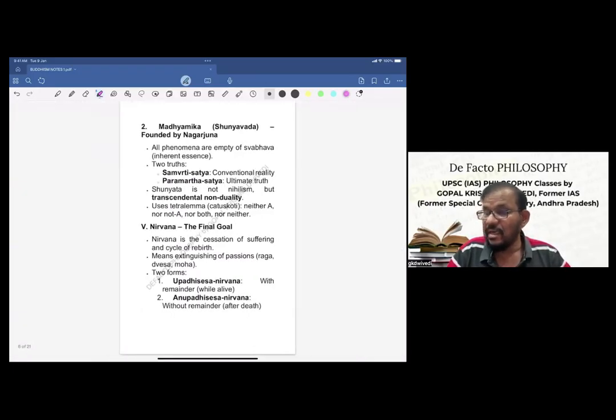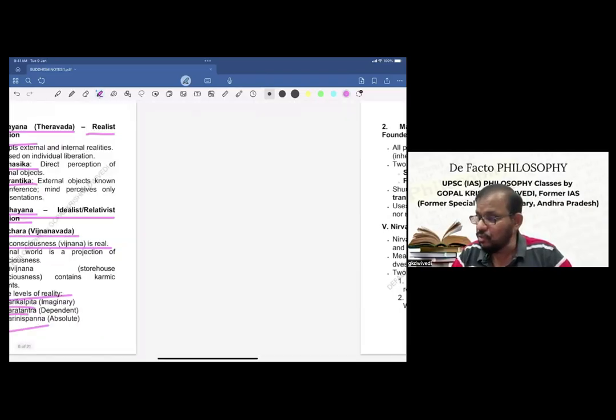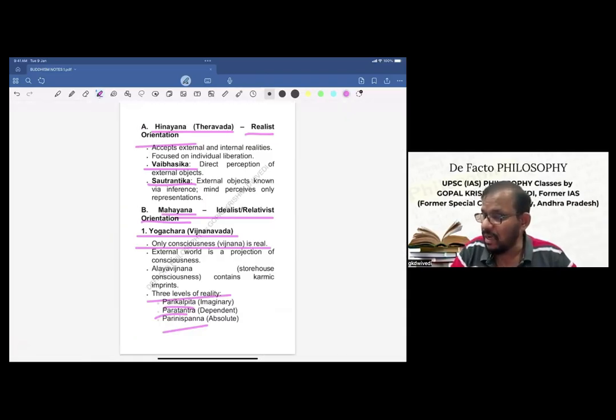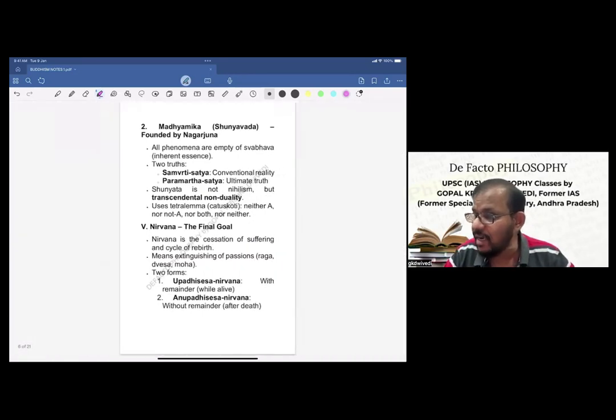And then there is another school or sub-school of Mahayana. Mahayana has Yogachar Vigyanvad, and the second Mahayana school is Madhyamik. That is Shunyavad. This is founded by Nagarjuna. So here, what he says is that all phenomena are empty of Swabhava.